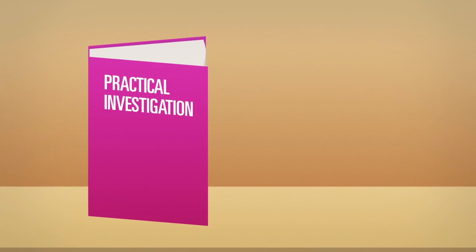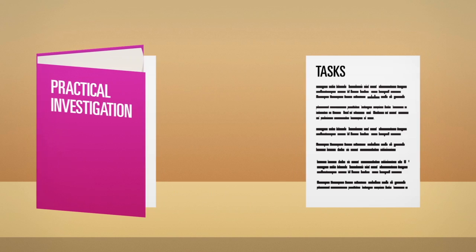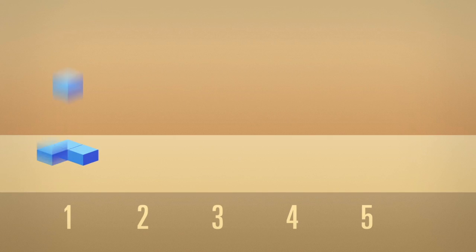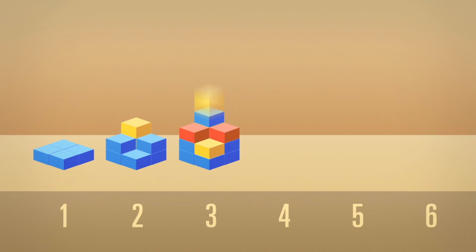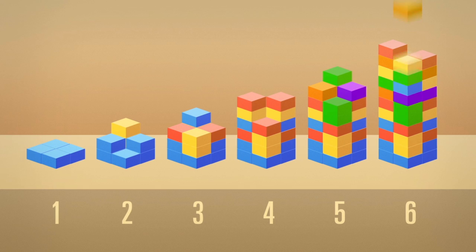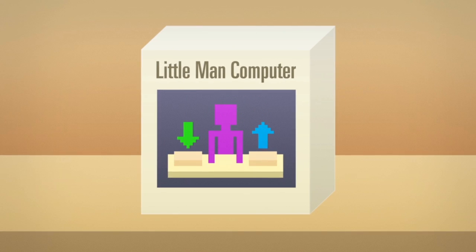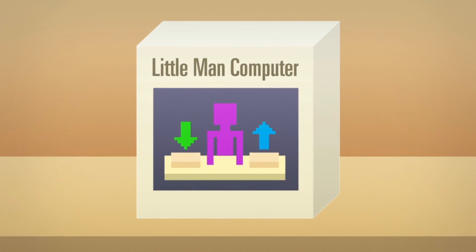Unit A452. This is the practical investigation that consists of a topic for you to research and then complete activities in. In this sample controlled assessment, there are 6 tasks to complete. You need to complete all of them, and very often tasks build upon the previous ones. In this case, the investigation is about the little man computer CPU simulator.